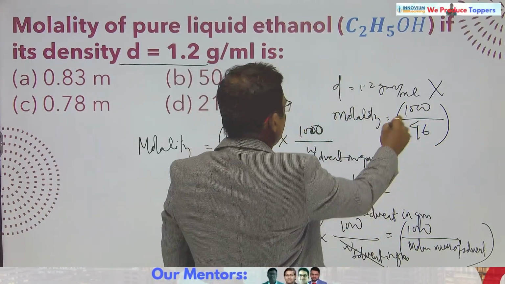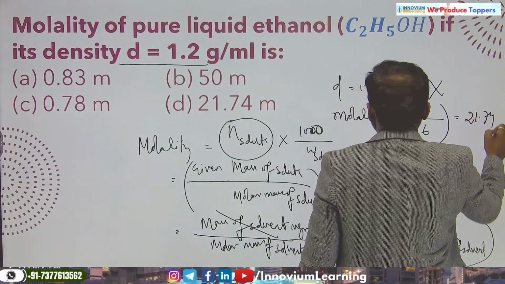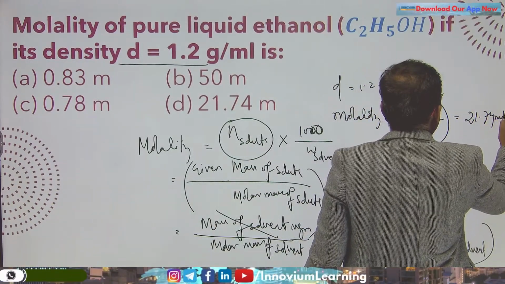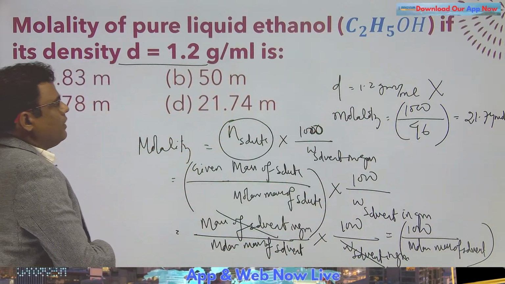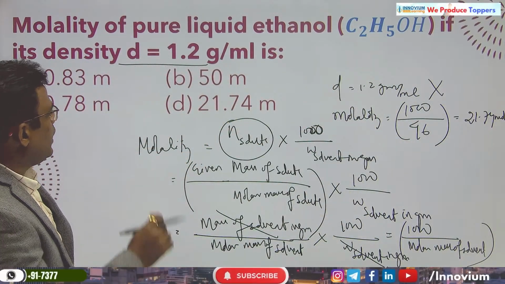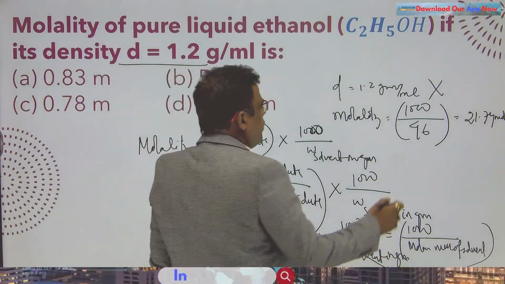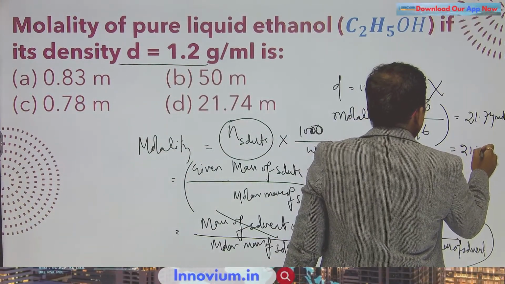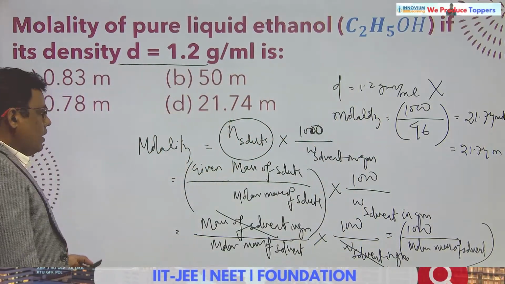If you solve this one, you will get the result 21.74 moles per kg. This is the unit. Unit of molality is moles per kg. So the answer is 21.74 moles per kg, or in short we can write 21.74 small m. Small m stands for molality, correct.